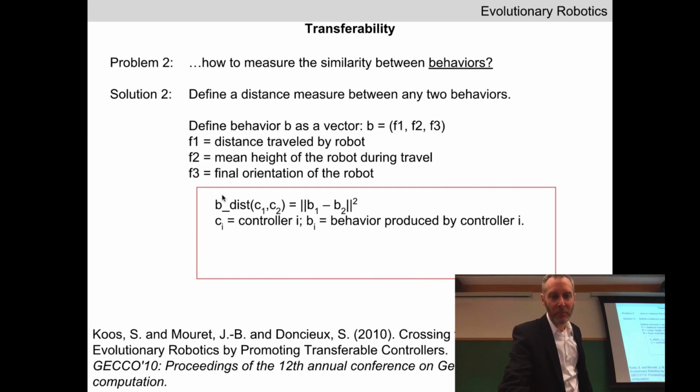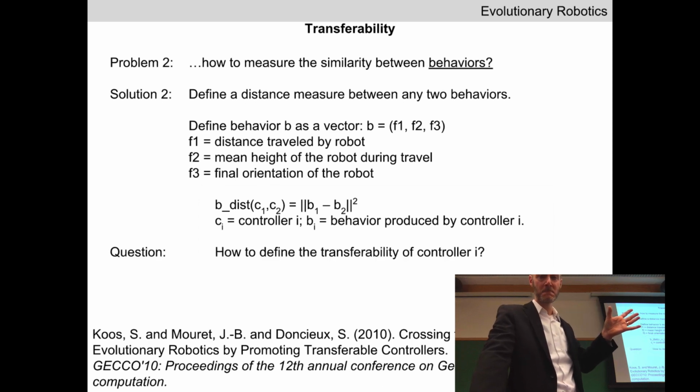So the behavioral distance between controller 1 and controller 2 is the Euclidean distance between the behaviors generated by those 2 controllers. Make sense? Okay, so just keep that in mind. We're now talking about controllers and behaviors. Controller generates behavior. Okay. So that's distance between controllers.